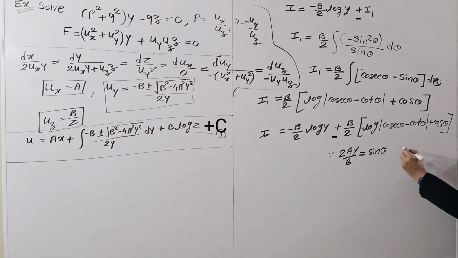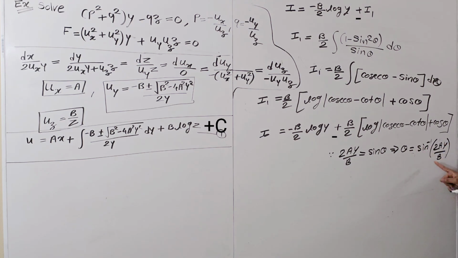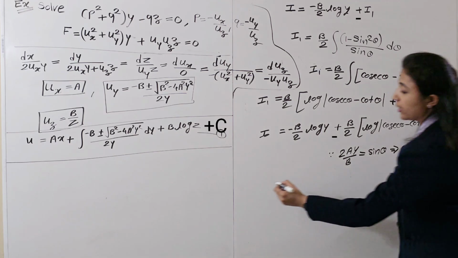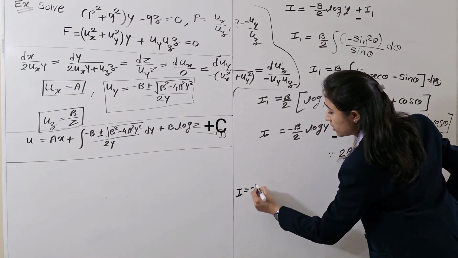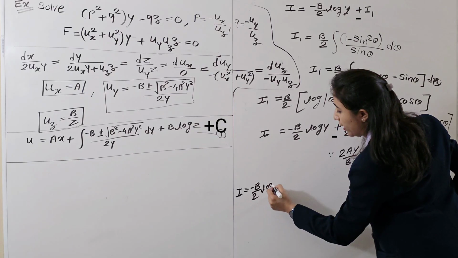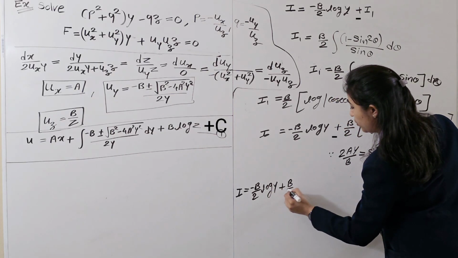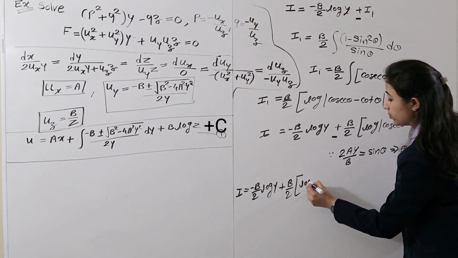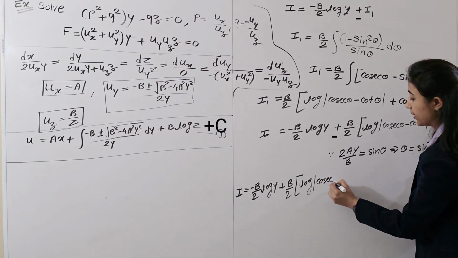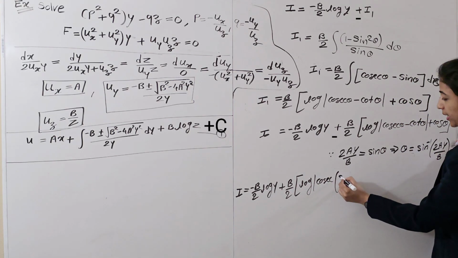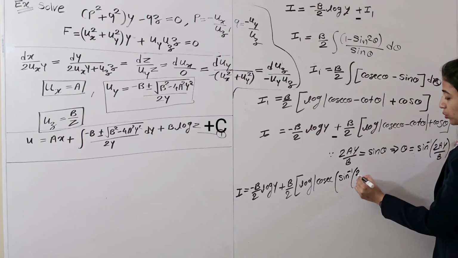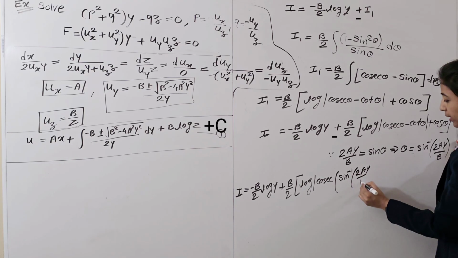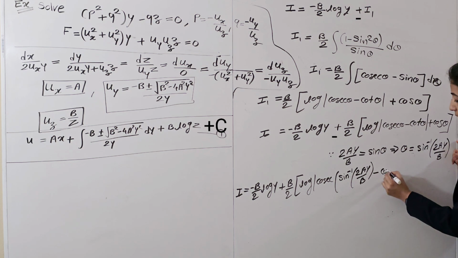So using this term we can say that theta is sine inverse of 2ay by b. So put this value here. You will get I equal to minus b by 2 log y plus b by 2 log of cosec theta, where theta is sine inverse of 2ay by b, minus cot theta.